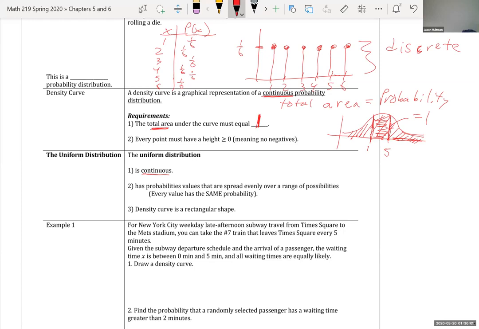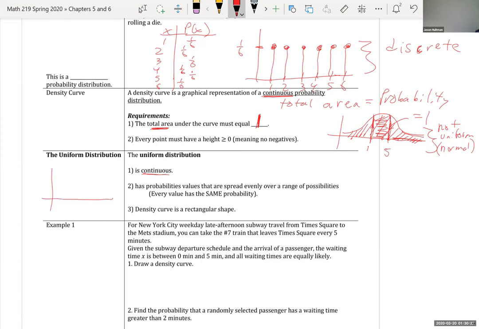This is what we call a normal distribution, or a bell curve. A uniform distribution looks like this. Let's draw a picture of it.